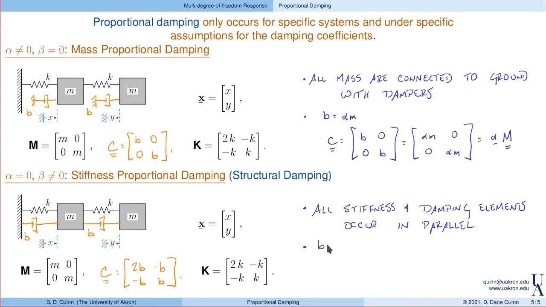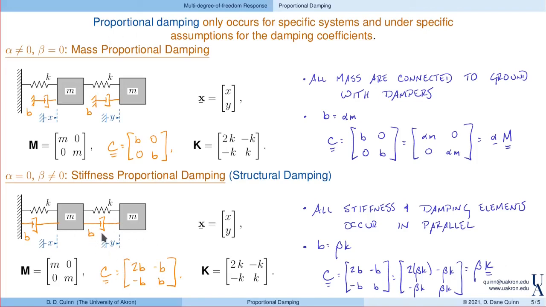So here B would be beta times K. Again, looking at the damping matrix, 2B, minus B, minus B, and B. Well, with this assumption, that's going to be 2 times beta K, minus beta K, minus beta K, which reduces to beta times the stiffness matrix. So this would be a proportionally damped system.